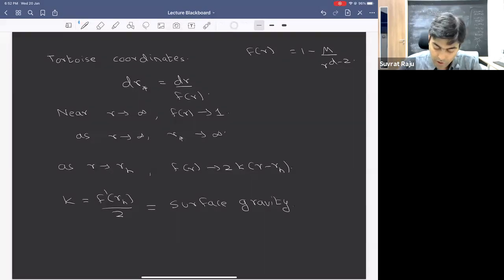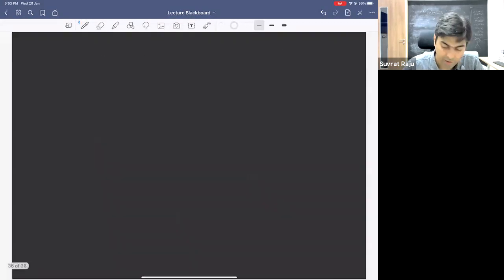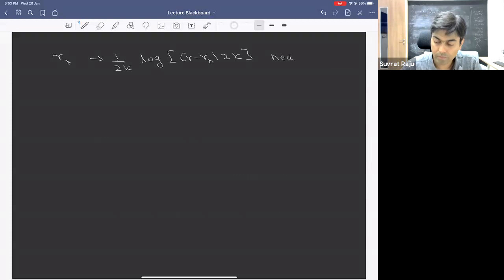Okay. So near r equal to rH, if you look at this equation for dr star, it just becomes dr by twice k into r minus rH. And if you solve that equation, you will find that r star goes to 1 by twice k into log of r minus rH into twice k, near r equal to rH.